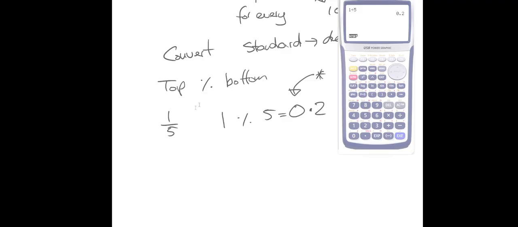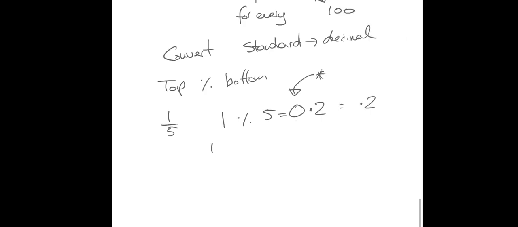Another way we've got of converting these proper fractions into decimal fractions is if we use the built-in fraction function. So let's clear all that, and we have 1 over 5, and we're going to put that into the memory, and not much happens. It's not really a revelation that 1 over 5 equals 1 over 5.